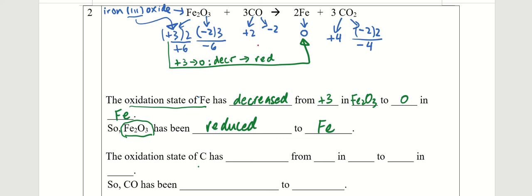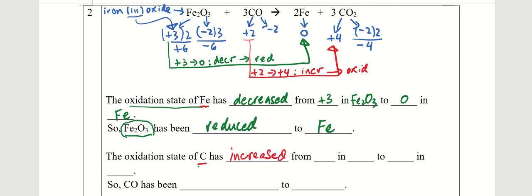But you will notice that the oxidation state of carbon has changed from +2 to +4, which means it has increased, which means the substance has been oxidized. So let us write that statement. Now notice when I say the oxidation state of something, it is always the element. We say the oxidation state of carbon has increased.